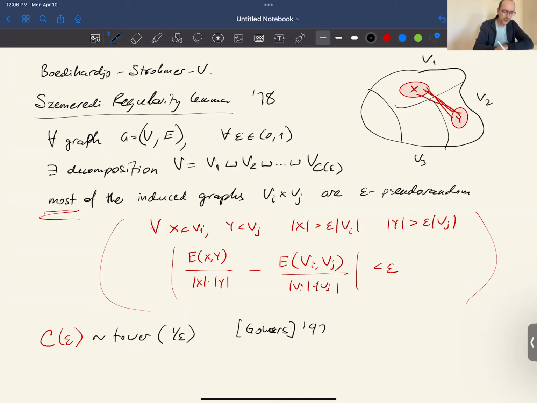There are versions of the Szemeredi regularity lemma for a smaller number of parts. These are weak regularity lemmas. In fact, one can deduce one from the other.